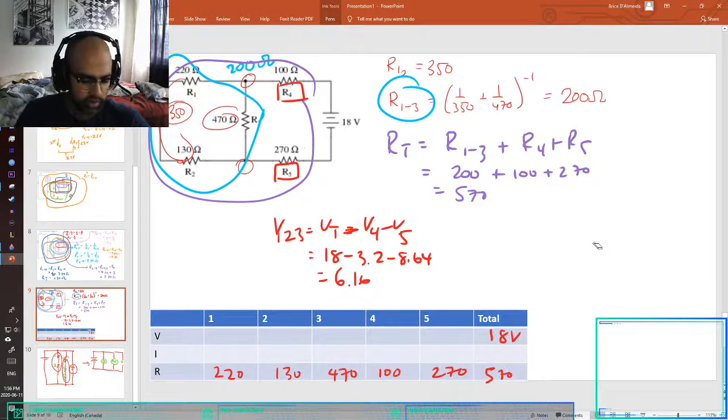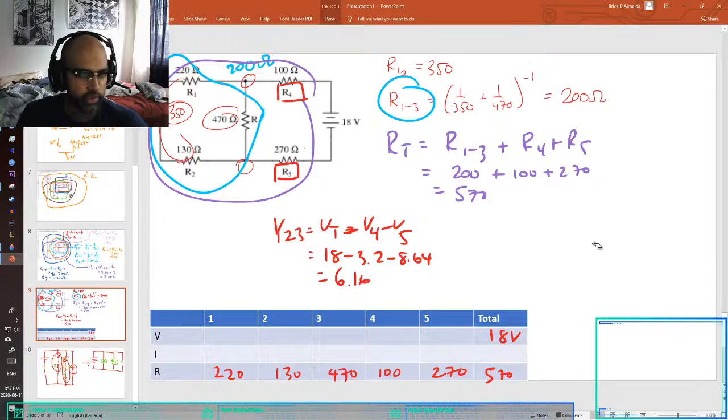So I have 1 divided by 350 plus 1 divided by 470. Are those the right numbers? 350 was 130 plus 220. Yes, that seems fine. So divided by 470 equals, change, 1 divided by answer equals 200.